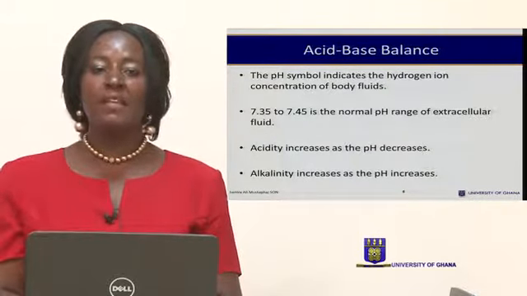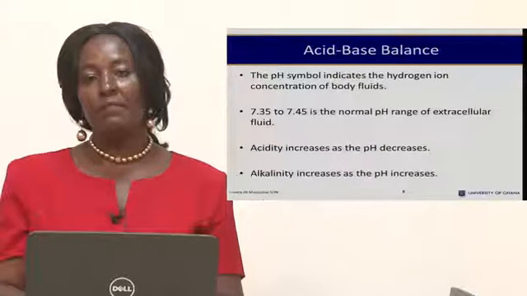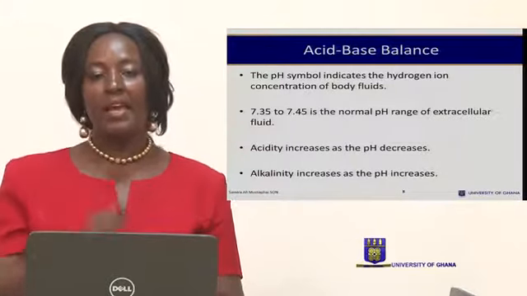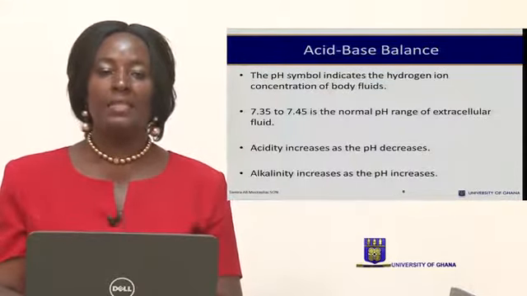Taking 7 as a neutral level, when we go down to the left, that is when we decrease the pH, then acidity increases. And when we go to the right from 7 and it increases, then pH increases, and alkalinity also increases.